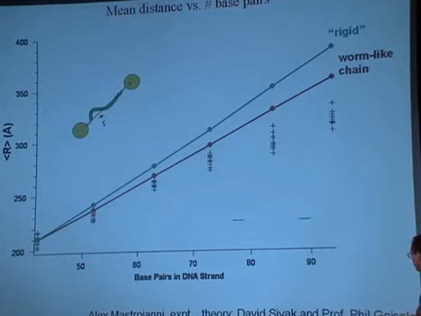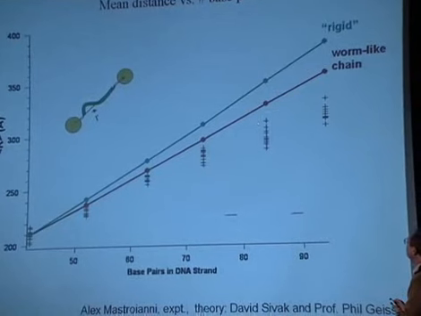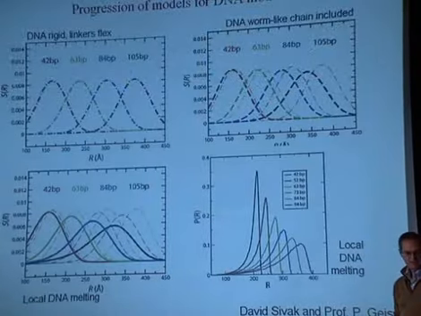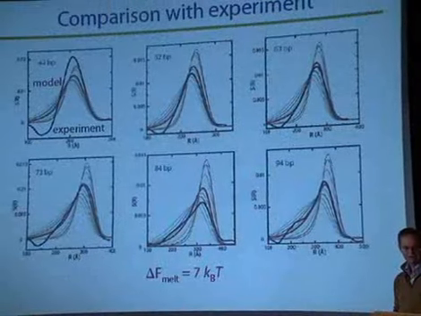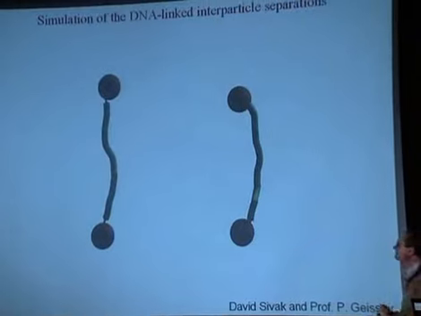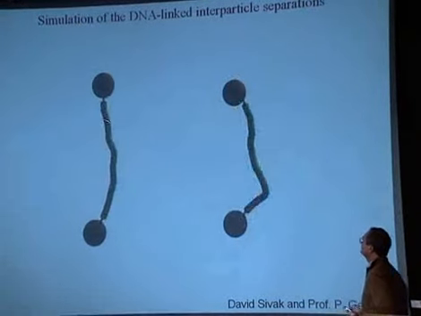And we're doing this with David Sivak, a student working very closely with my theory colleague, Professor Phil Geissler. And the fact is that it doesn't match our experiments terribly well. To make a long story short, I'm just going to show you this movie, because the movie is a good way to see it.